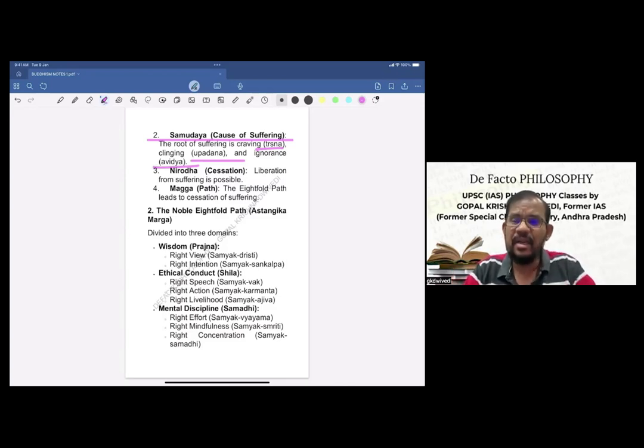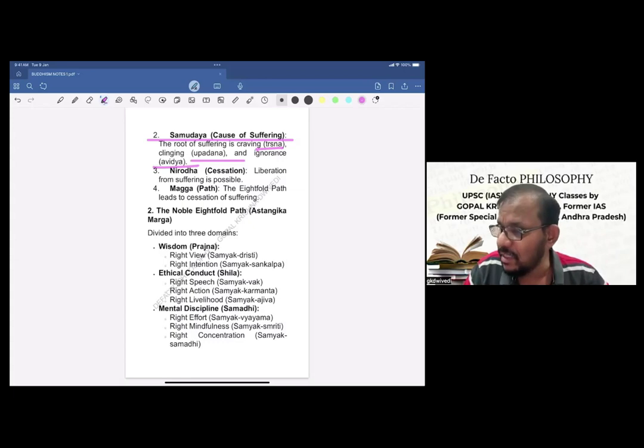But don't waste time on that, because if you don't write content and write only these words, you will not get anything. Besides content, if you add these words, then you are definitely going to get better marks. So the second truth is that the cause of suffering is Trishna, Upadan, and Avidya.